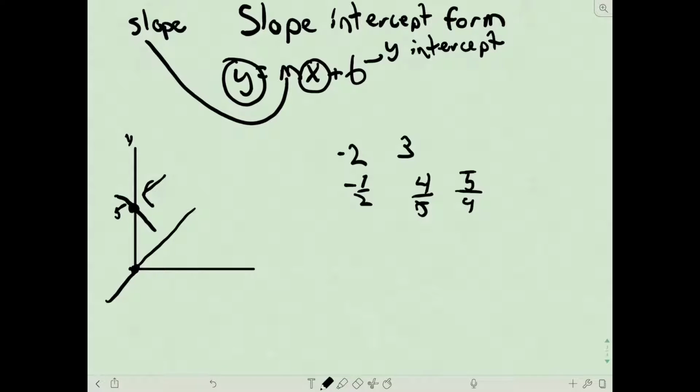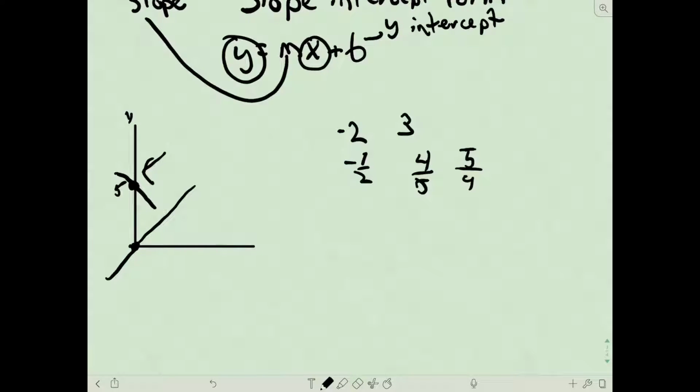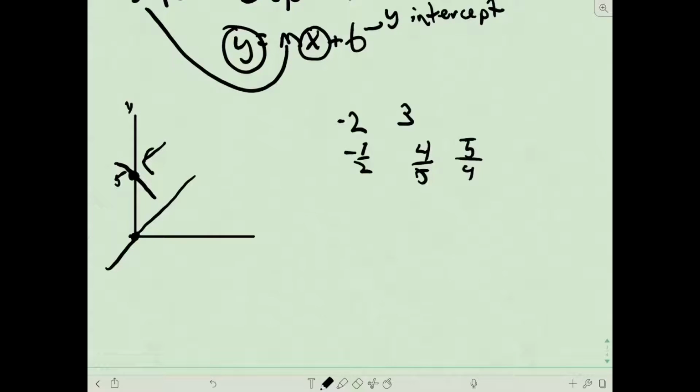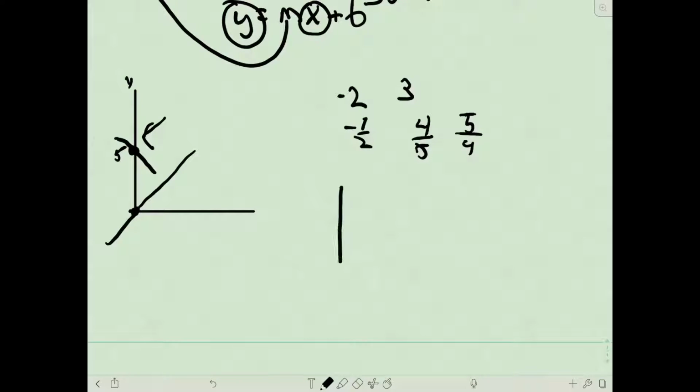So let's just create a line and analyze it using the slope-intercept form one time. Let's give it a positive slope.